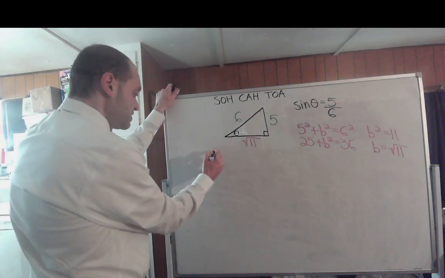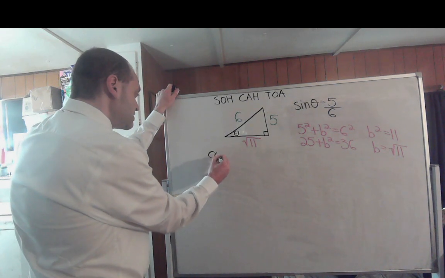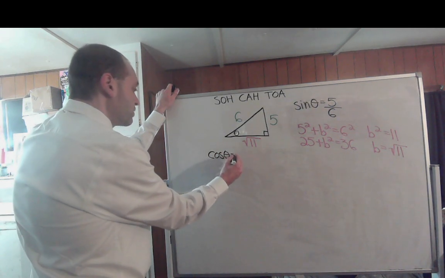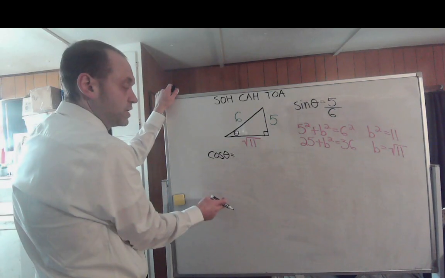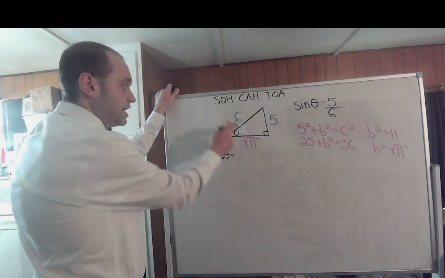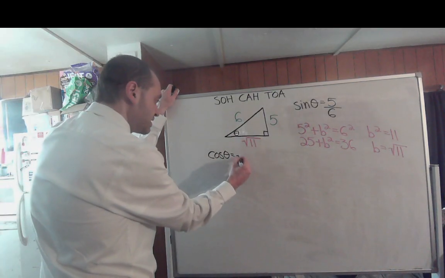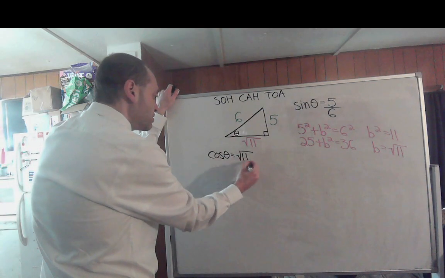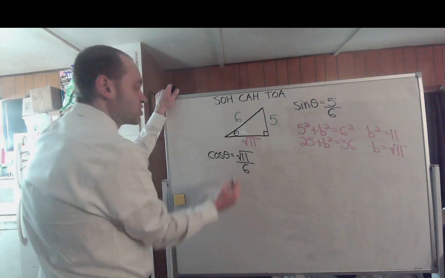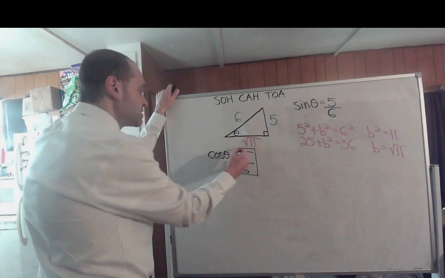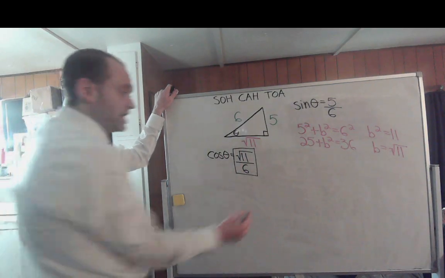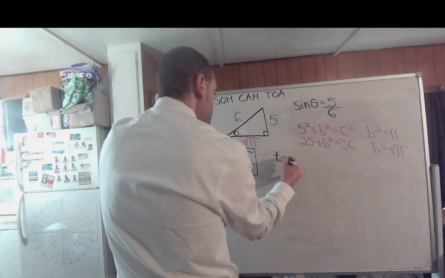Let's go for cosine. So the cosine of theta, of course, is your adjacent leg, which is going to be the square root of 11 over your hypotenuse of 6. So the cosine of theta equals the square root of 11 over 6. Let's find the tangent of theta.